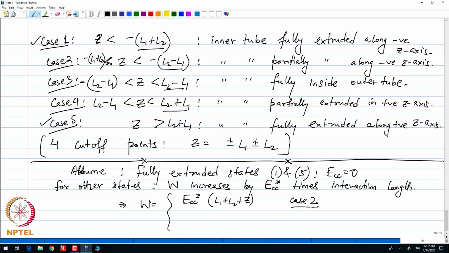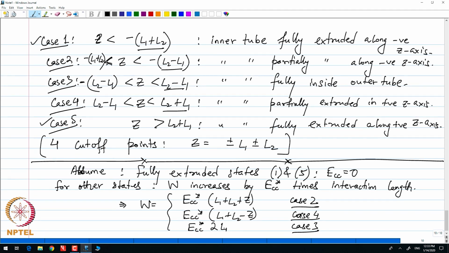And in my case 4, so case 2 and case 4 are very similar, one in the negative z axis, the other in the positive. I see that this is ECC star times L1 plus L2 minus z, and finally, in state 3 or case 3 where the tube is completely inside, I see that the work done is ECC star times the length of the inner tube, which is 2L1.